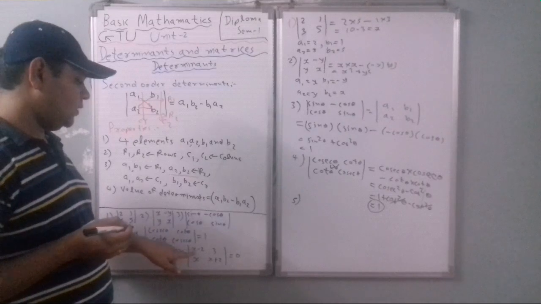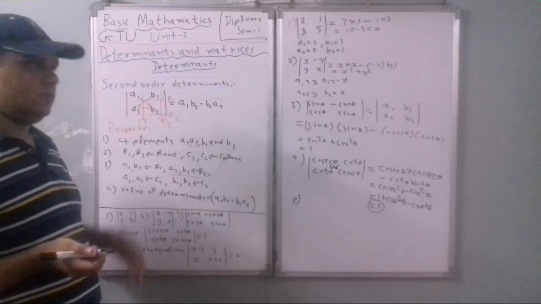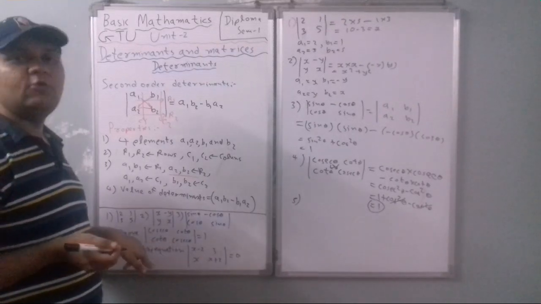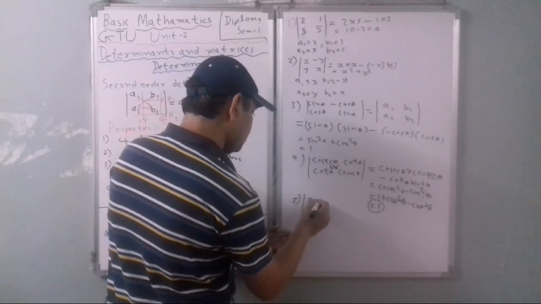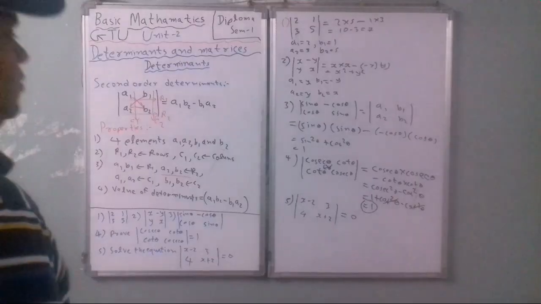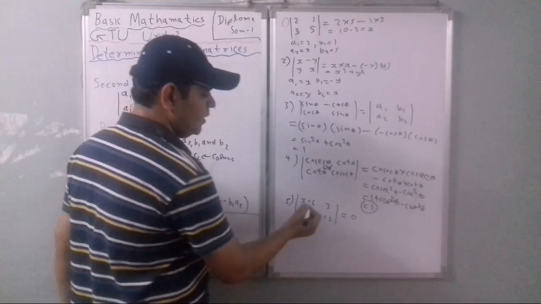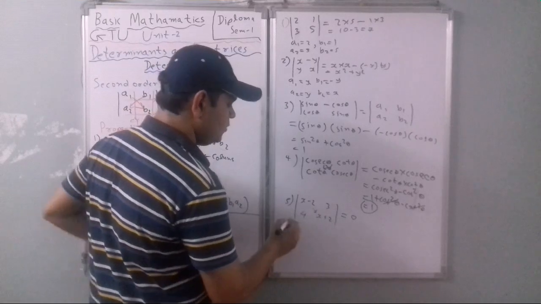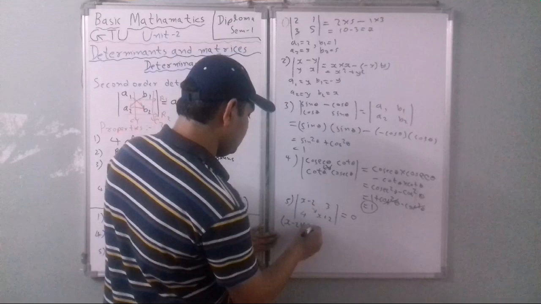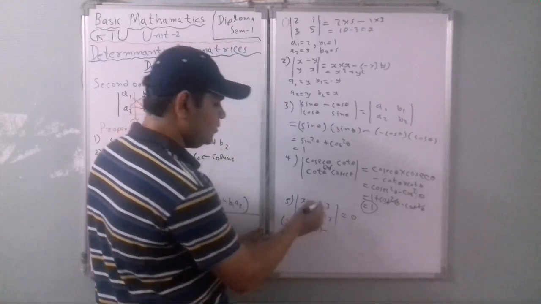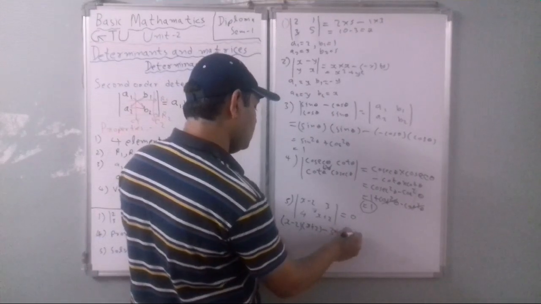Solve the equation: determinant x minus 2, 3, 4, x plus 2 is equal to 0. Here we find the value of x. So x minus 2 into x plus 2 minus 3 into 4 is equal to 0.